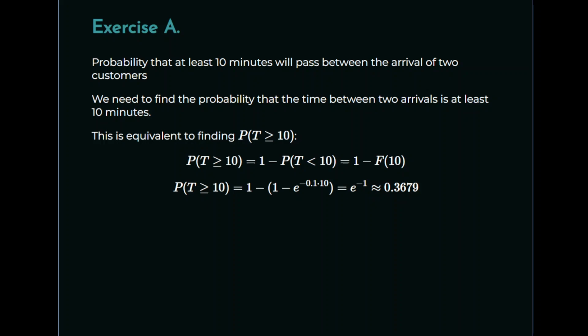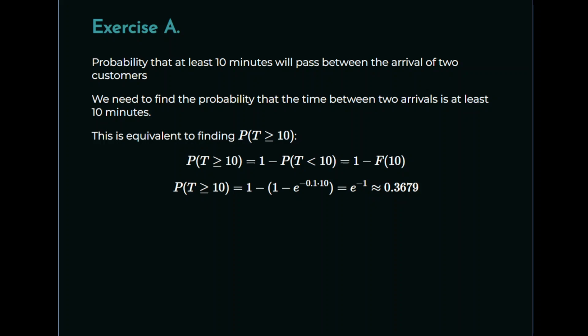So the probability that at least 10 minutes will pass between the next two customers. That's what we're asked for here. We need to find the probability that the time between two customers is at least 10 minutes. This is the equivalent of finding the probability of t greater than or equal to 10.